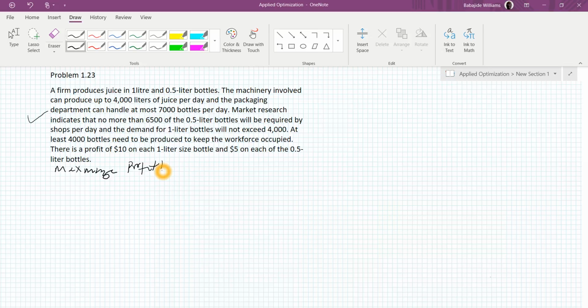Now, we need to understand what the design variables are. We also need to understand what they're really asking. It says maximize the profit. How do we maximize the profit? If you look at the last sentence here, there is a profit of $10 on each 1 liter and $5 on each of the 0.5 liter bottles.